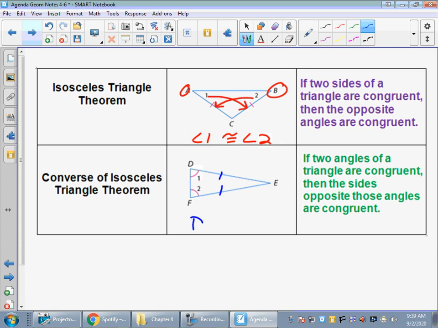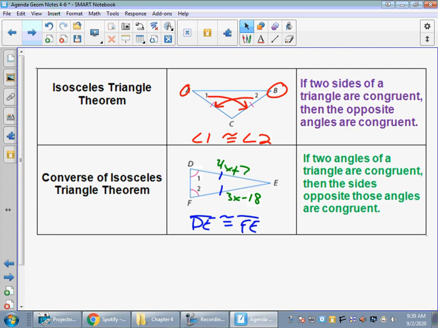So DE would be congruent to FE. And you could go one step further and say, well, what if we didn't know those sides, and you said, well, this side was 4x plus 7, and this side was 3x minus 18. Well, then you could, of course, set those two sides equal to each other because they're equal, and then you could use algebra to solve. So you're going to see some problems like that.